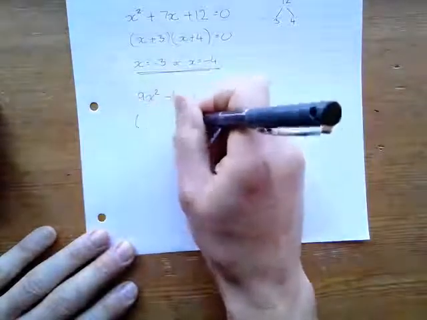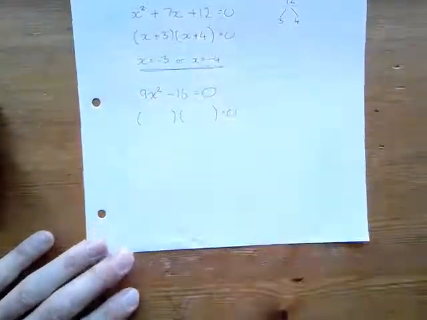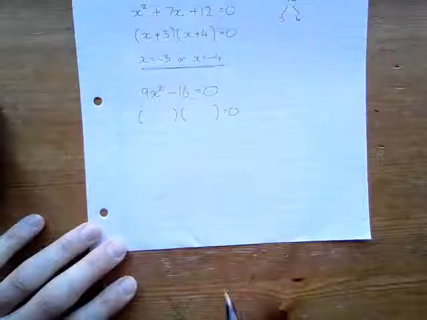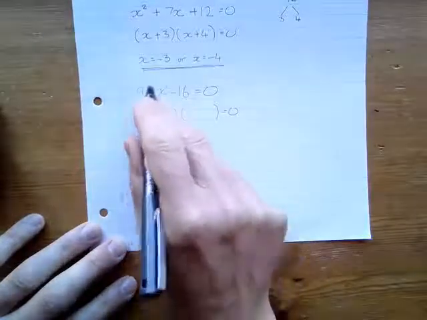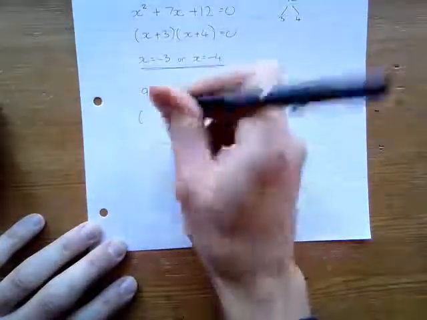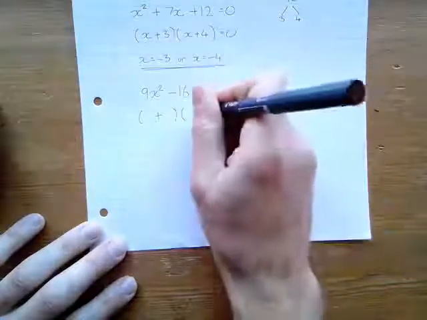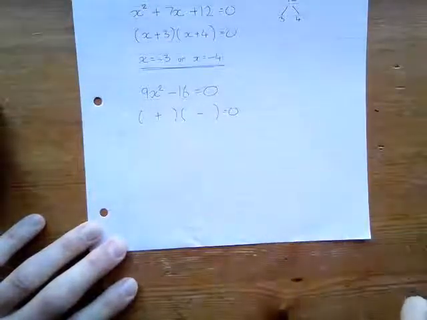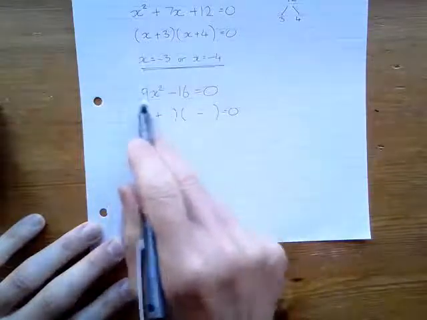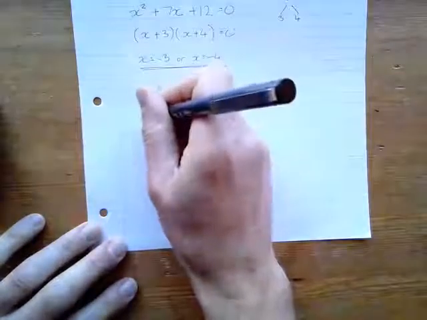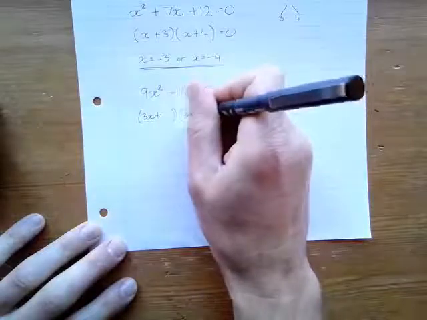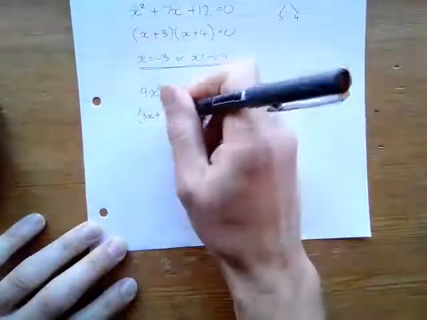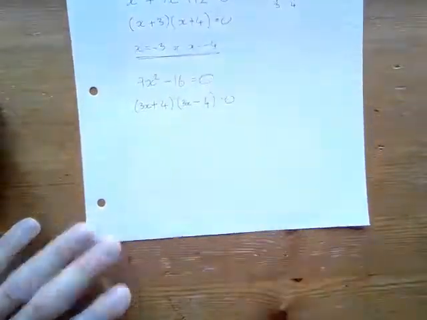When you get that situation, you can go straight to your double bracket, and in here you put the square roots of these two terms with a plus sign for one of the brackets and a minus sign for the other. The square root of 9x squared would be 3x, so we put a 3x and a 3x there, and the square root of 16 would be 4, so we put a 4 and a 4 there.